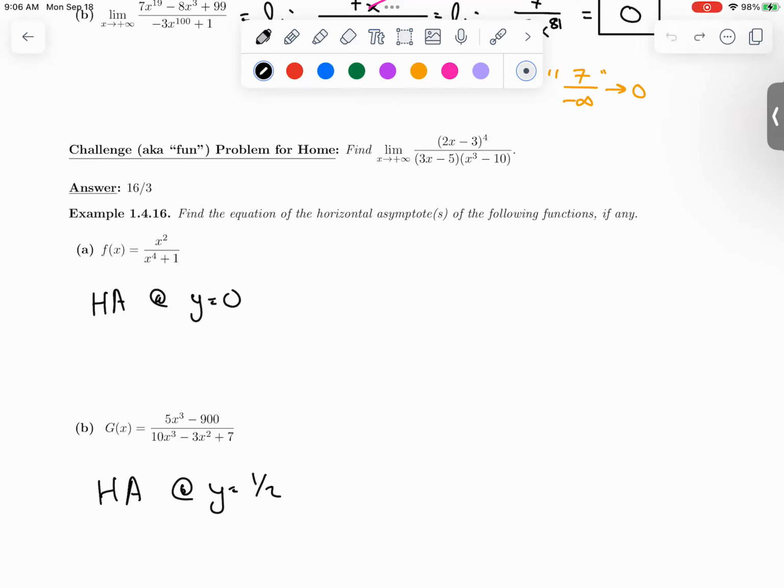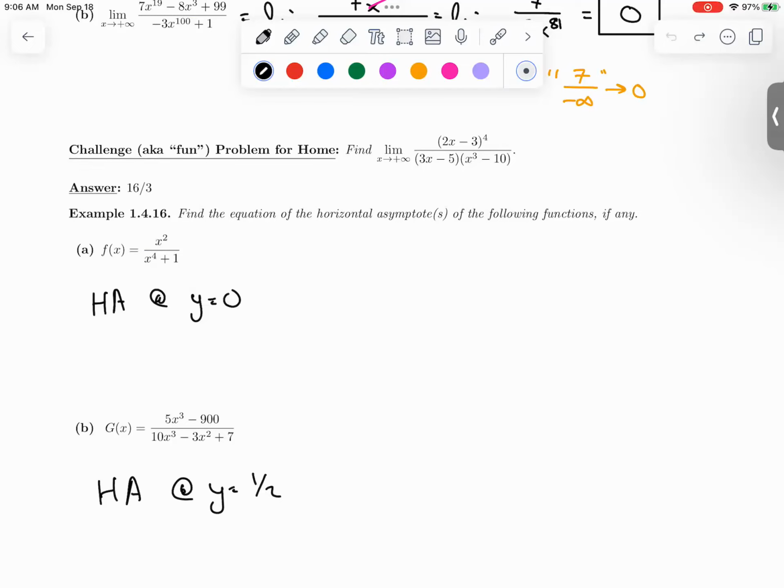The thing is, that's a polynomial. It's just a factored polynomial. It's 2x minus 3 to the 4th power, in factored form. But if you were to expand it, yes, you could go out and FOIL it out 4 times. You could. I wouldn't recommend it, because remember, all we're interested in is the highest degree term. When you're looking at limits at infinity, all you're looking for is the highest degree term.